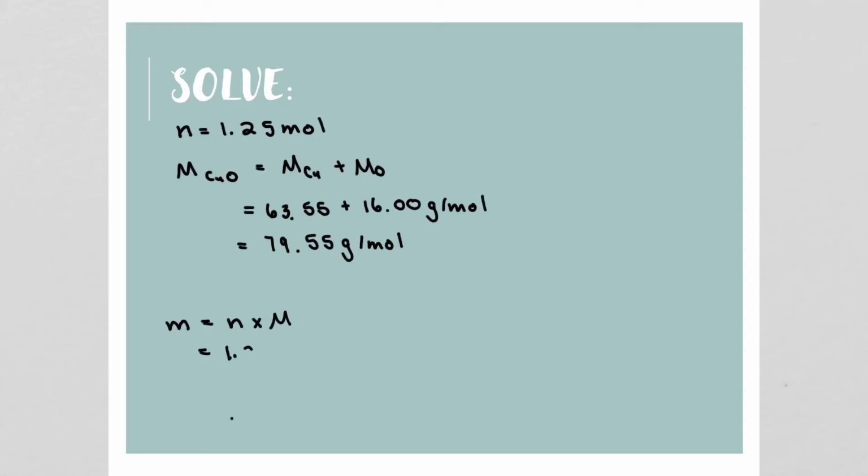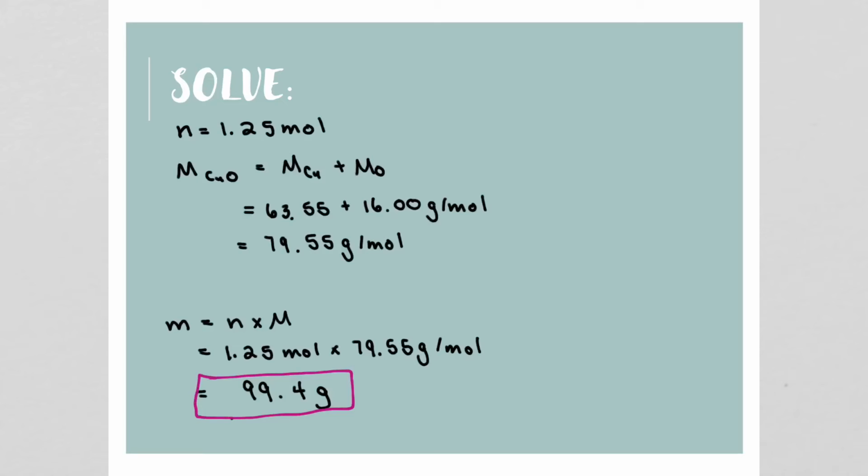So 1.25 moles times 79.55 grams per mole, and that is equal to 99.4 grams. So that's our mass. So the mass of 1.25 moles of copper(II) oxide is 99.4 grams.